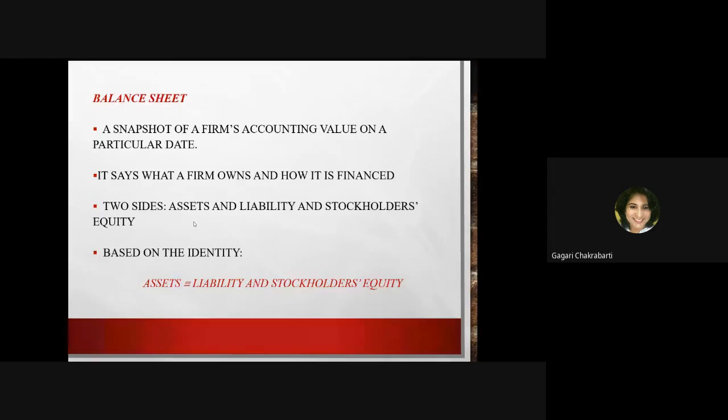On one hand, you have the total valuation of the assets and how these assets are financed. They are financed either through debt or through equity. So on the other hand, you will have the liabilities plus the stockholders' equity. Liability is nothing but the debt, and then the stockholders' equity.